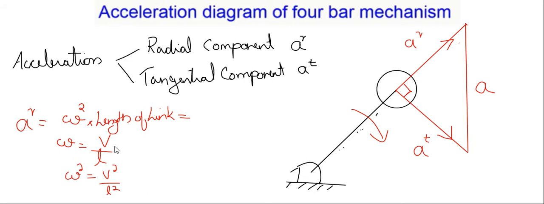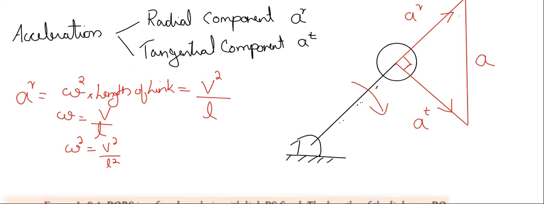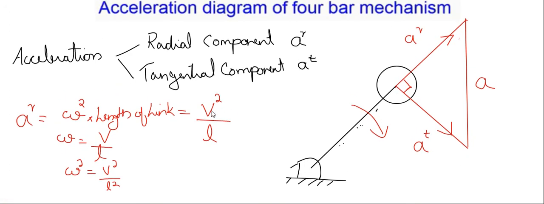So actually omega square into L will become v square divided by L. That is the length of the link. V square divided by L. So that is the radial component.